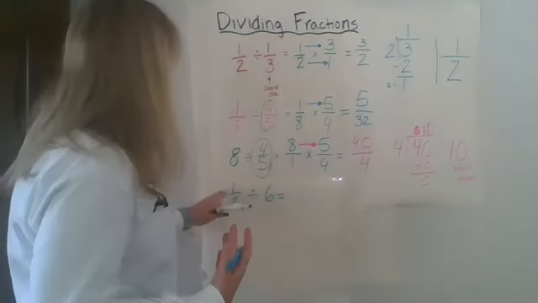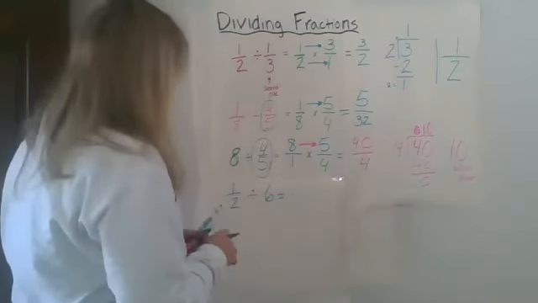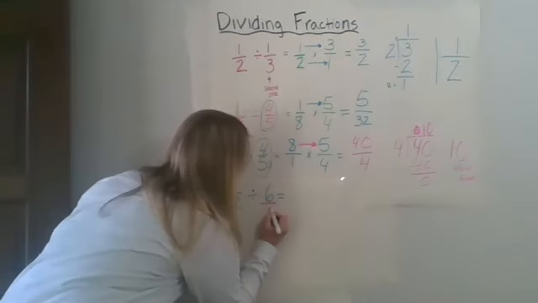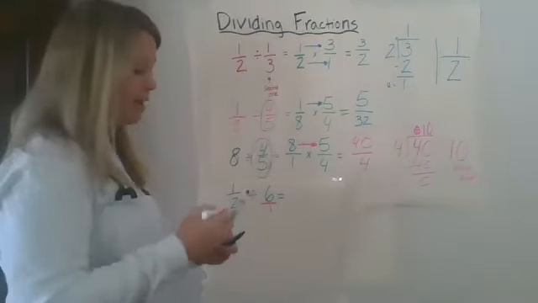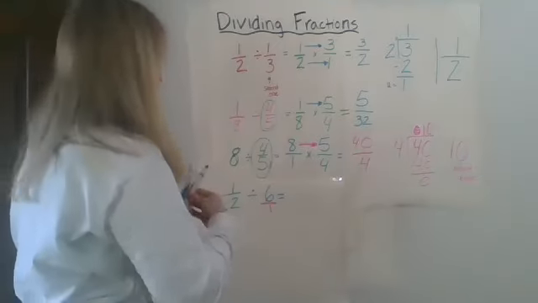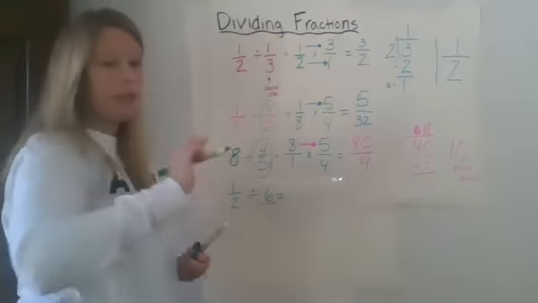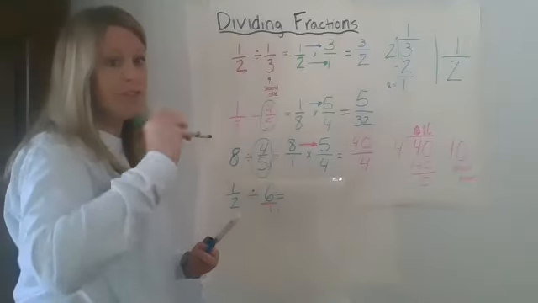So I'm going to take 1/2. I know that my whole number has to become a fraction, so I would put it over 1. I then have to take this second fraction and create the reciprocal, so flip it.